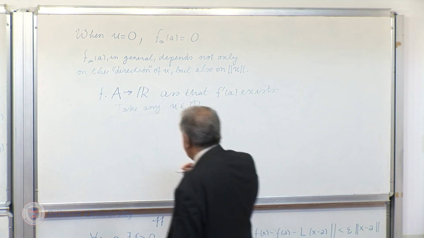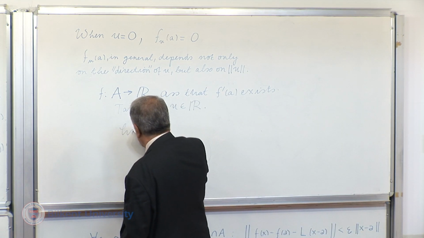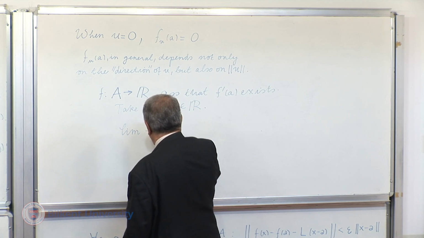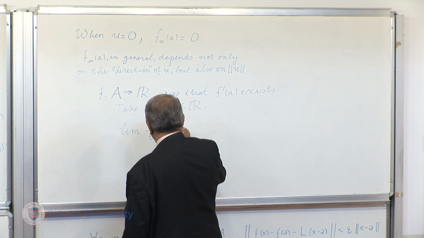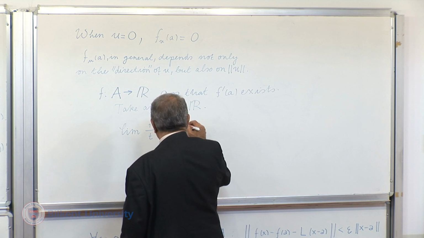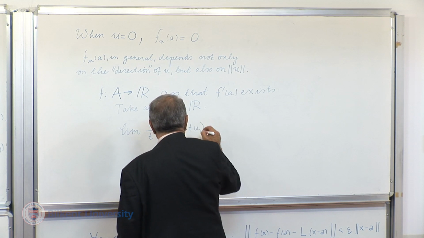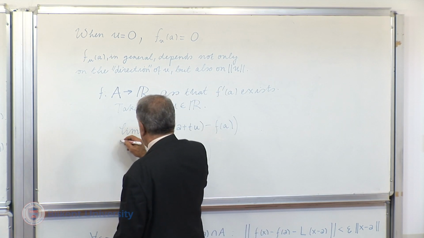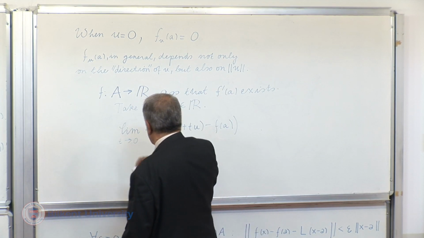Well, what shall we do? Well, we'll take the limit of 1 over t, f of a plus tu minus f of a, as t tends to 0.